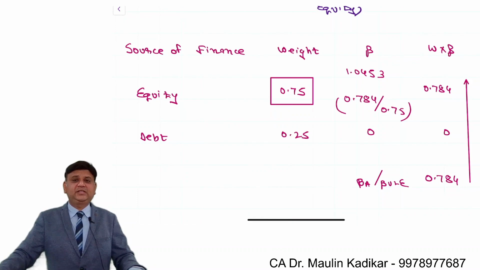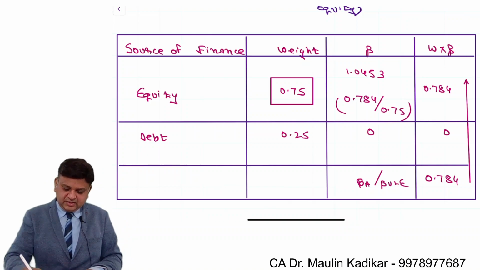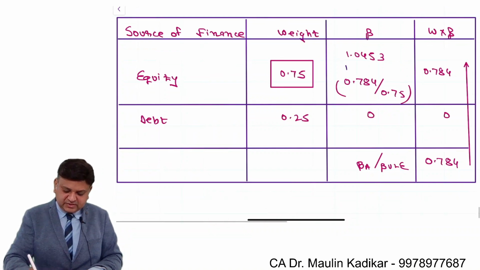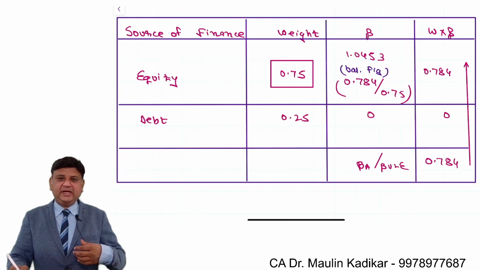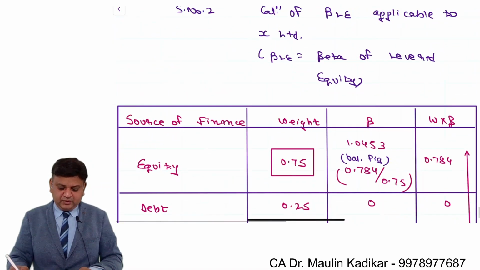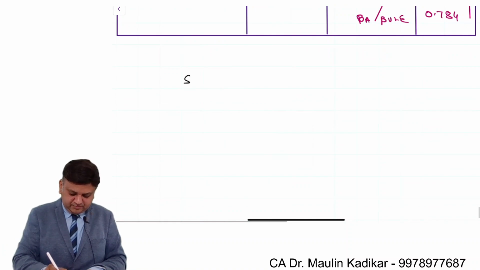That is the way, so the beta of the levered equity is calculated. So this is the way, say this value is calculated as balancing figure. Okay. Now we'll make the calculation of step number 3, calculation of weighted average cost of capital.